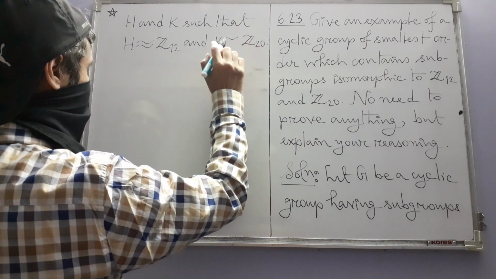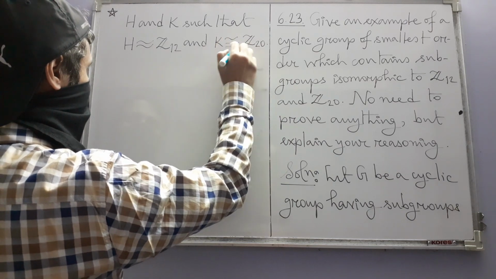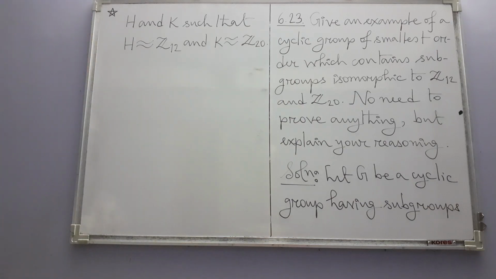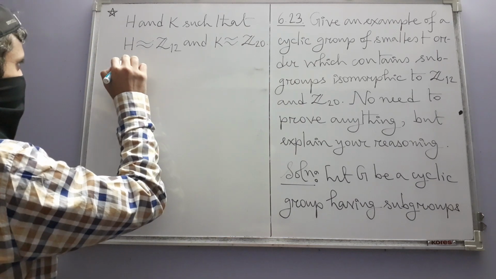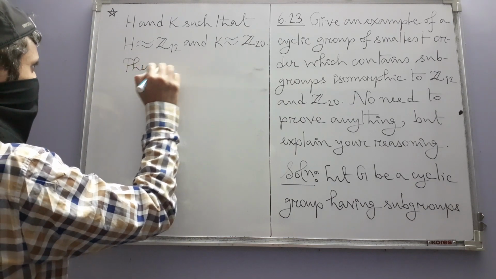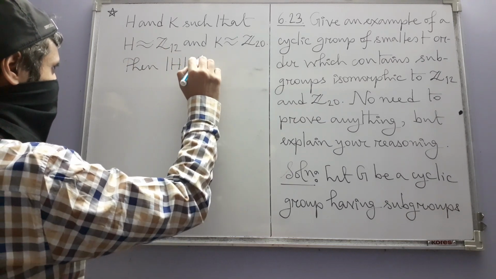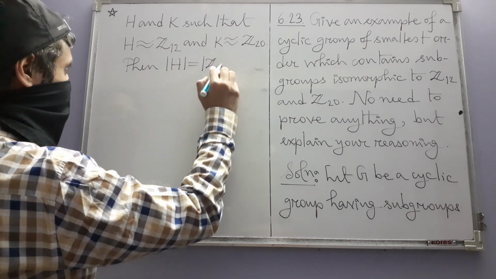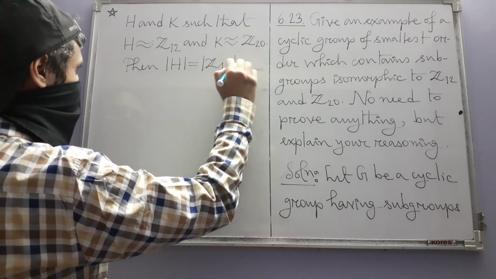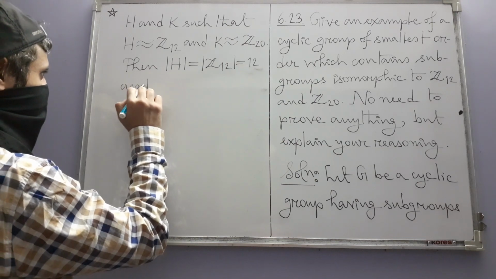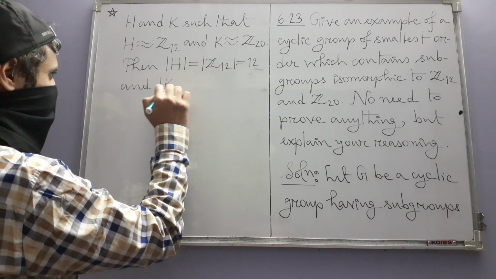I am going to use these two tildes. Then a consequence of this is that H and Z12 will have the same order, and K and Z20 also will have the same order.